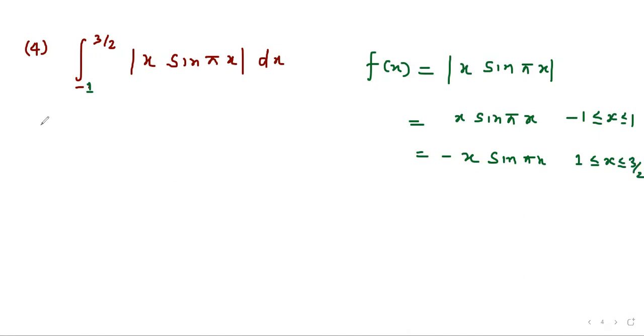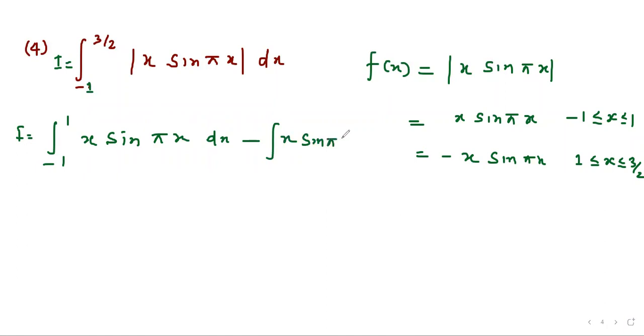So we can break this integral into parts. So I equals integration from minus 1 to 1 of x sine pi x dx, then minus integration of x sine pi x dx, limit 1 to 3 by 2. Now let's integrate one of them because both are the same, and then we will put the limits.